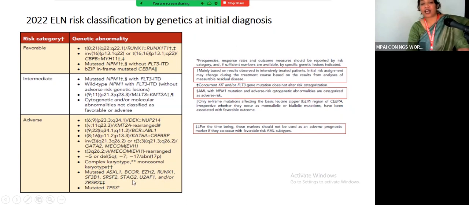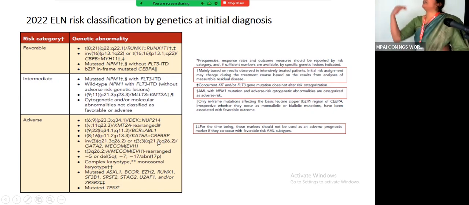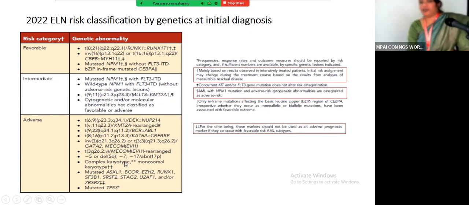In our case, what we have is SRSF2. So these mutations should not be used as an adverse prognostic marker if they co-occur with favorable risk AML subtypes. So if these are present in this group, then they will not affect the risk stratification. But ours is the intermediate group, so probably our case will shift to the adverse category.